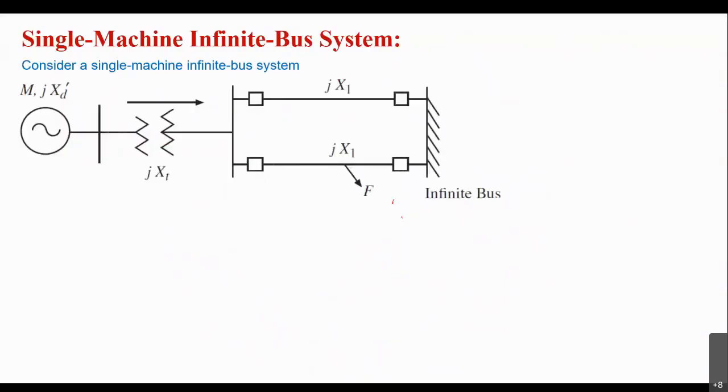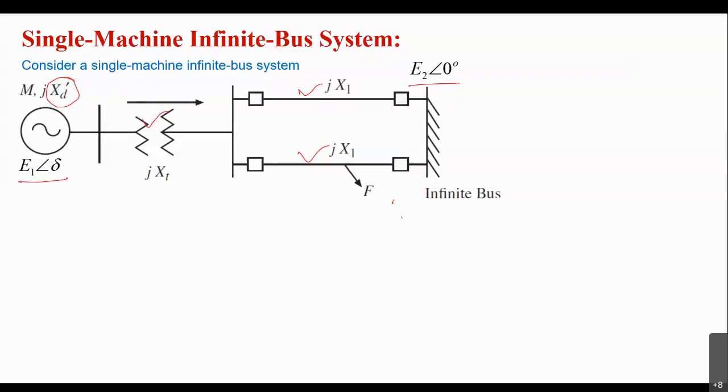This system is connected to the infinite bus through a transformer and two parallel lines having reactance xL, the transformer reactance is xt, and the synchronous generator transient reactance is xd dash. Let us assume that the voltage behind this transient reactance is E1 angle delta and the infinite bus voltage is E2 angle 0, the reference bus.